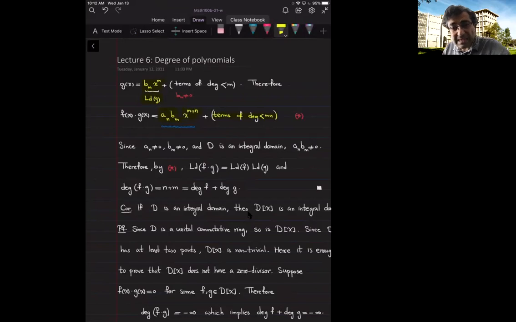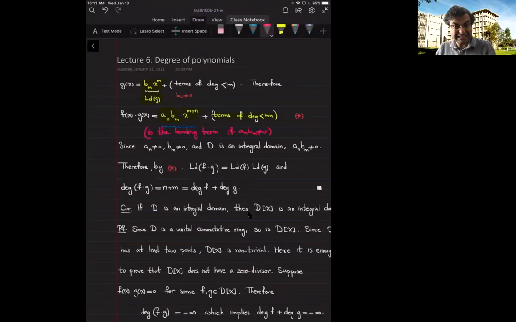So this means if a sub n b sub m is not 0, then this would be my new leading term. This is the leading term of the product, assuming that the coefficient a sub n b sub m is not 0.